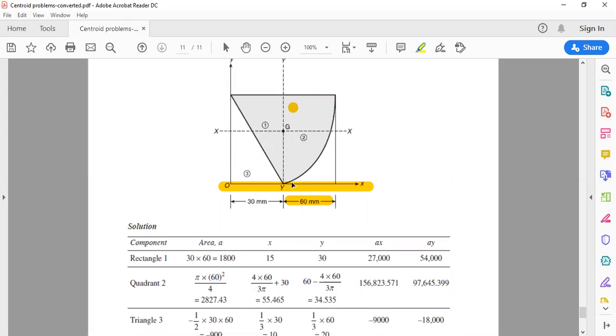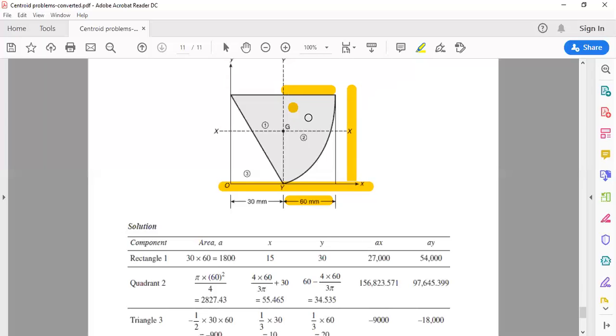Now I do not know the distance from this face of the quadrant of a circle to the CG from this end, but from the other end I know the distance, which is 4r by 3 pi. So the distance between this face and the CG is 4r by 3 pi, and I know that this total distance is 60.